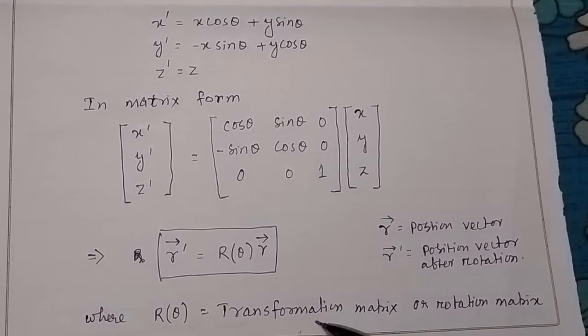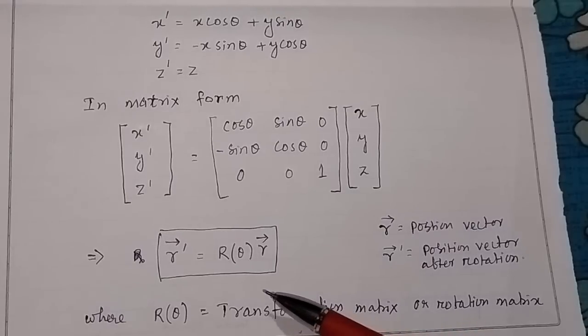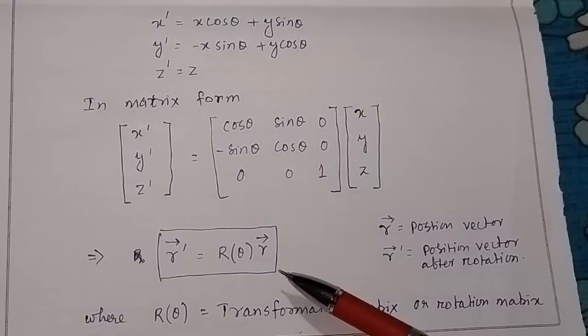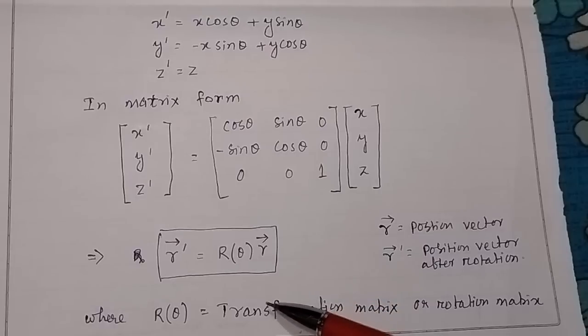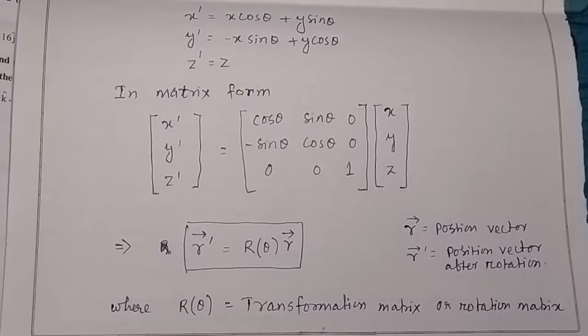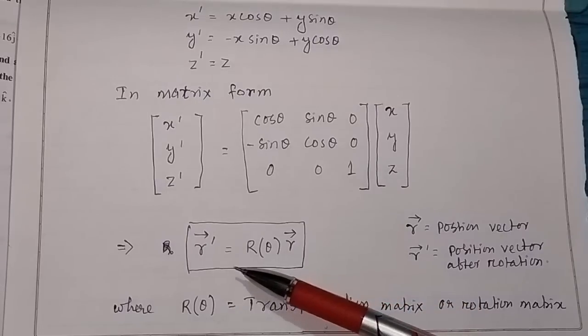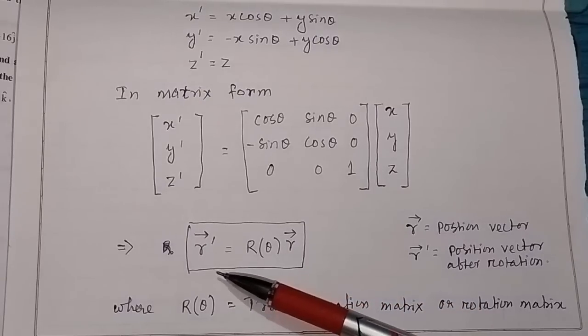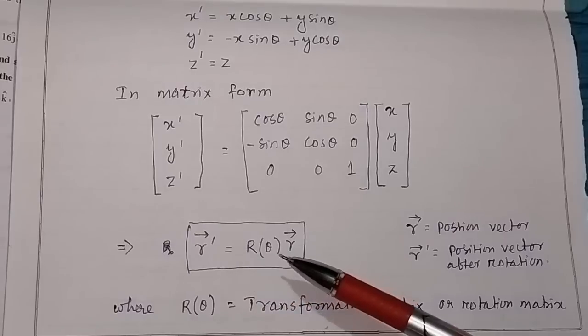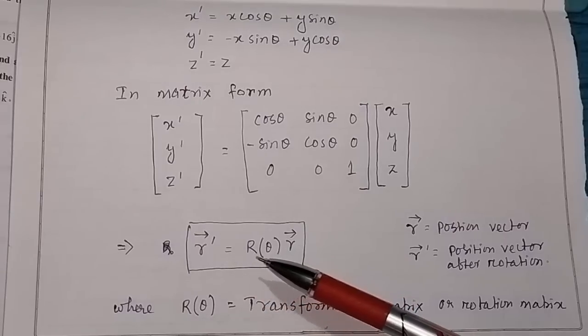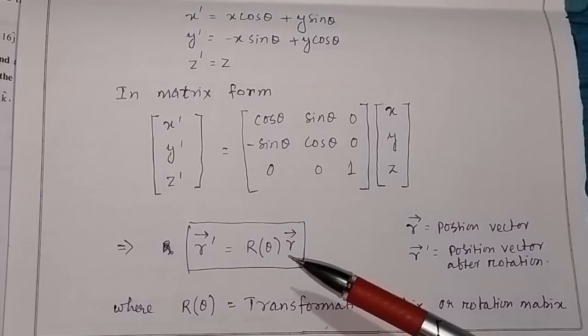R theta is the transformation matrix or rotation matrix. In the examination, if you are asked how the position vector will change after rotation, in terms of matrix, you have to prove it. The position vector after rotation will change in this form, that is r prime is equal to R theta into r vector.